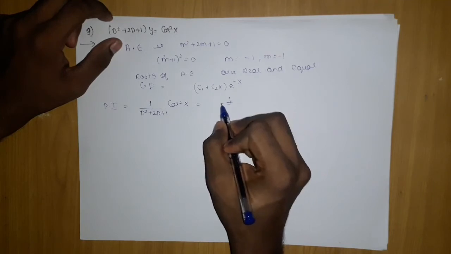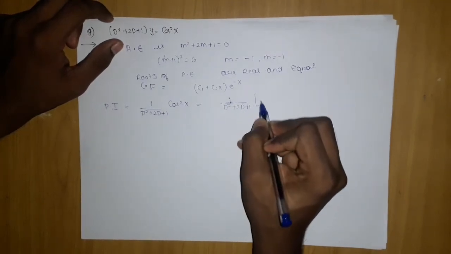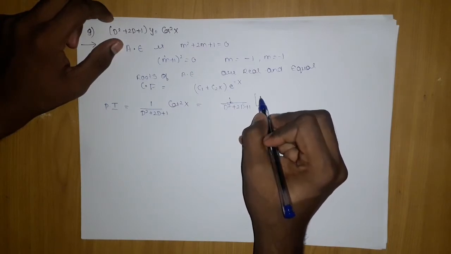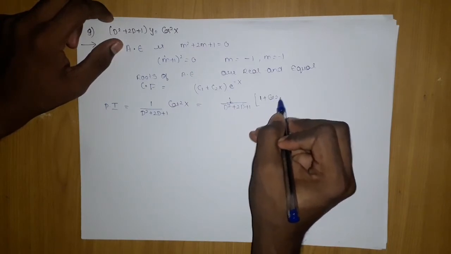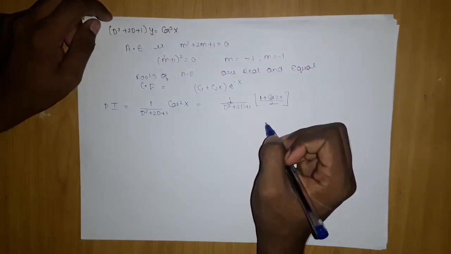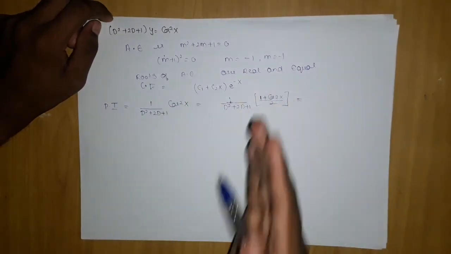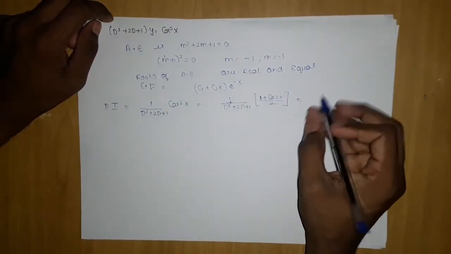So the moment we write, this will become 1 upon d square plus 2d plus 1 into bracket 1 plus cos 2x by 2 bracket close. Hope you understand this thing. After this, we are going to multiply each thing with each of them.